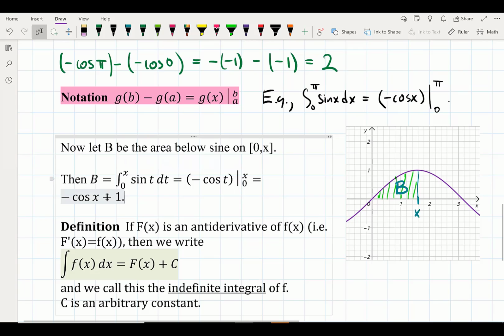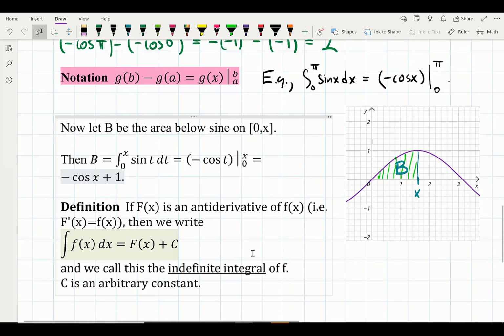By sticking in a variable as the upper limit, we arrived at this thing called the indefinite integral, which turns out to be the same thing as an antiderivative. So the two words mean the same thing, but they arose out of different motivations, if you will. One being the definition of a derivative, the other being the definition of an integral. And they're connected with our new evaluation theorem.